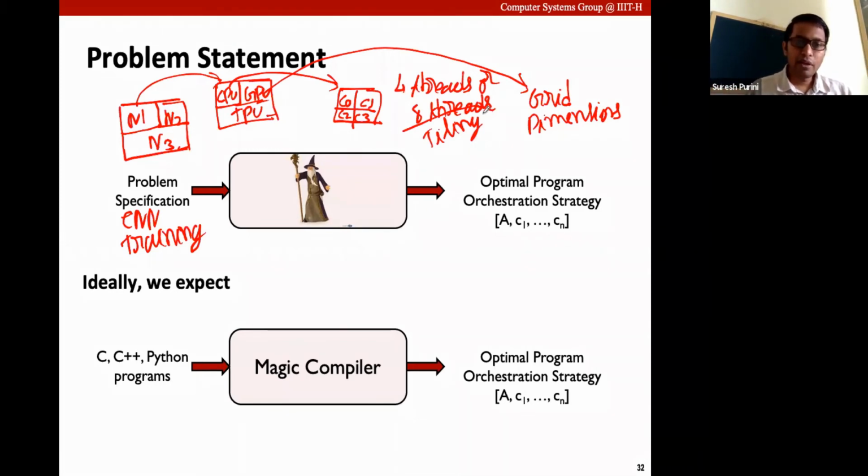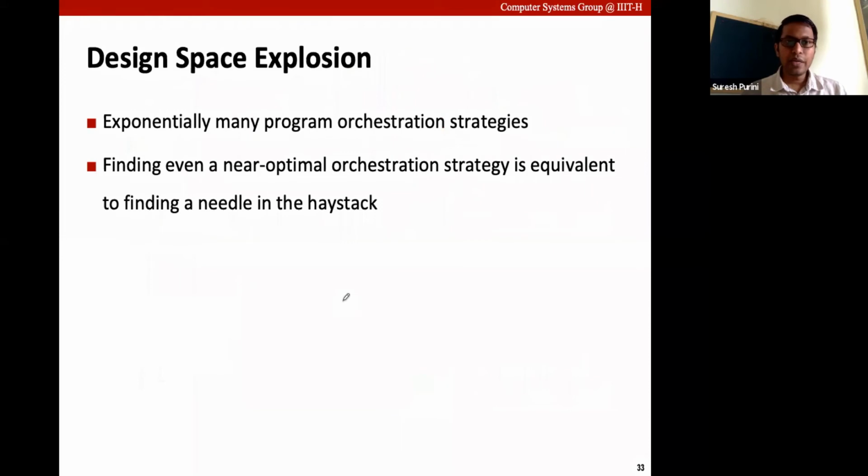The ideal thing, and what we expect, is that we continue to write our programs in C, C++, Python, and we hope there's a magic compiler which does all this orchestration job for us. Now we enter what is called a design space explosion problem.